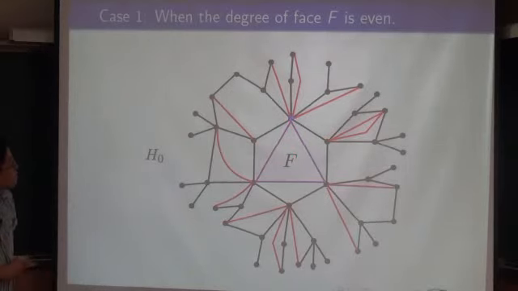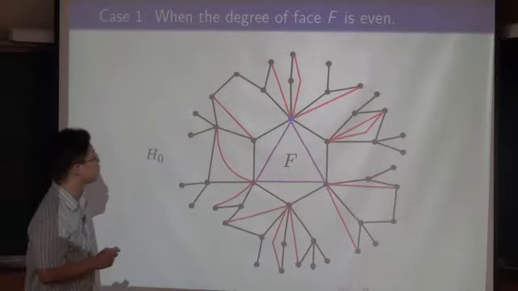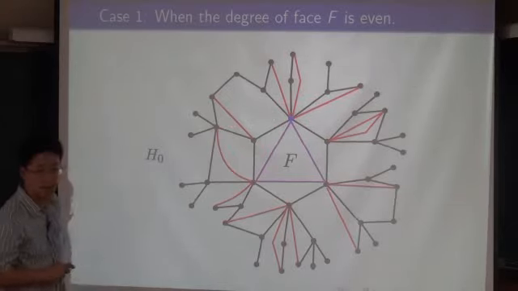Since f is packed, we can only draw the red edge of this vertex outside of f, right? So the number of faces incident with this vertex other than f is 4, since 5 minus 1 is 4. So there are 4 spaces to draw the red edge of this vertex.